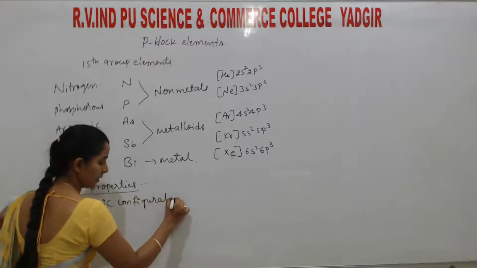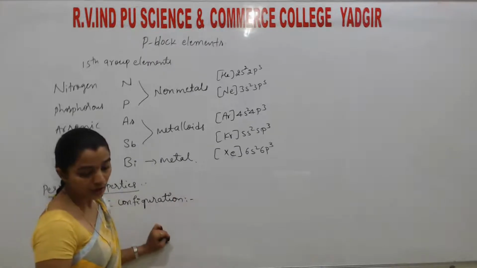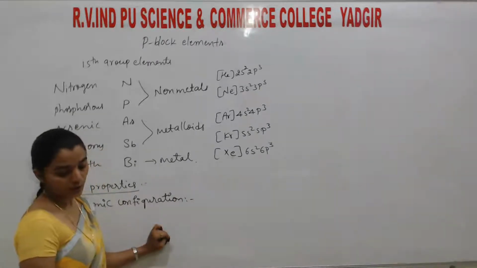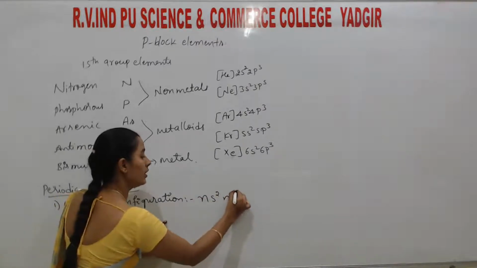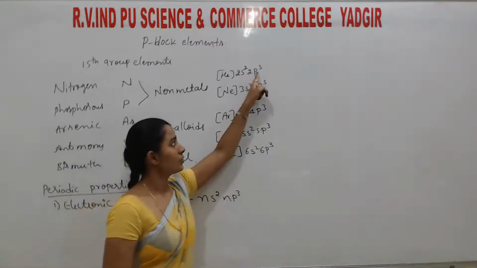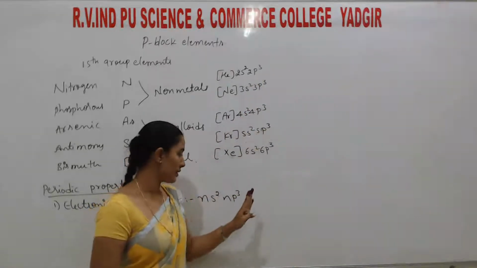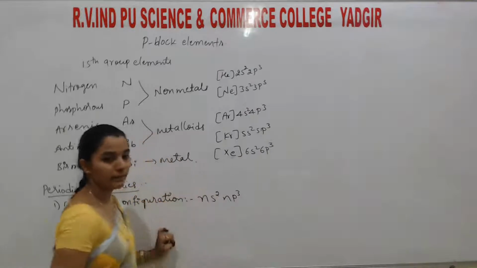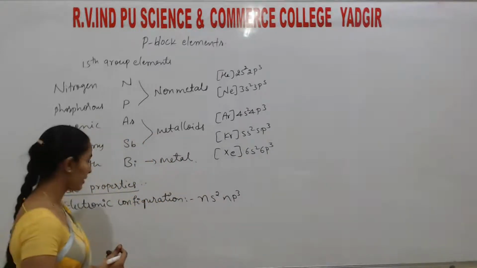The electronic configuration of these is ns2 np3, mainly 2s2 2p3, 3s2 3p3, 4s2, 5s2, 6s2, 7s2 as well as np3. Hence, this is the valence electronic configuration.